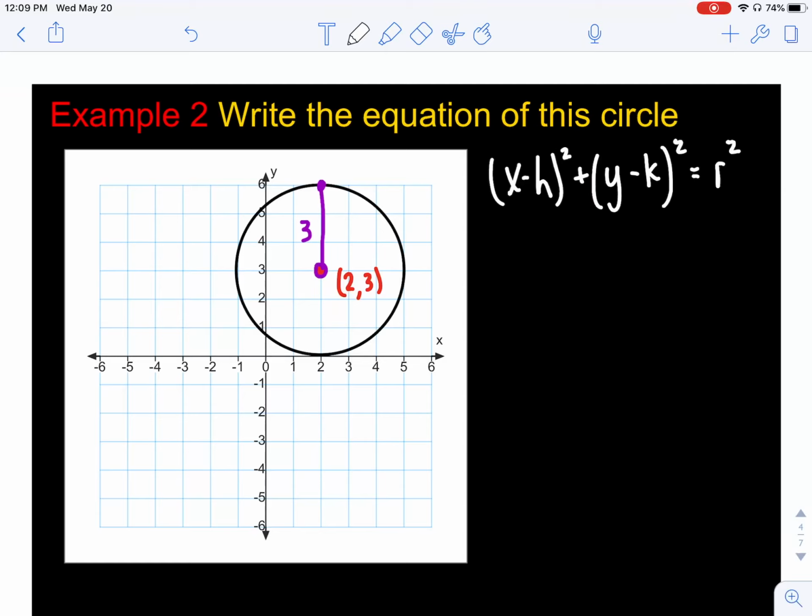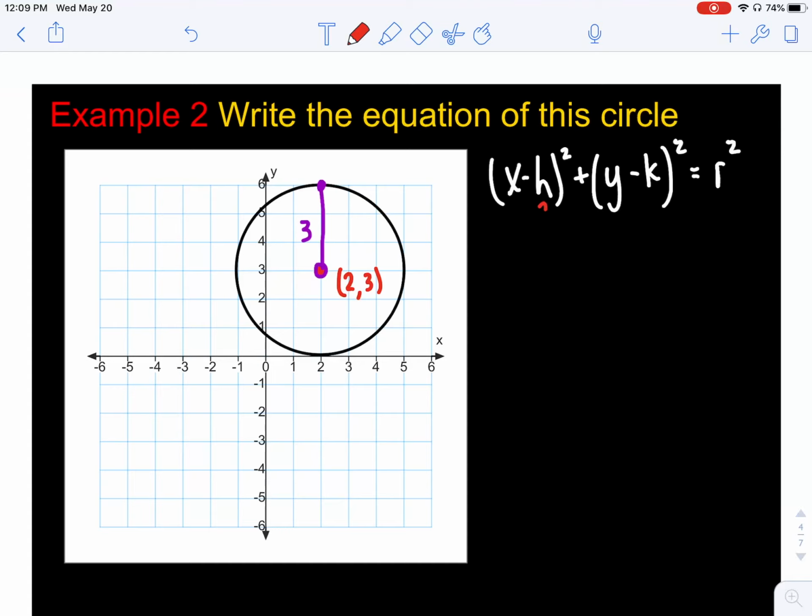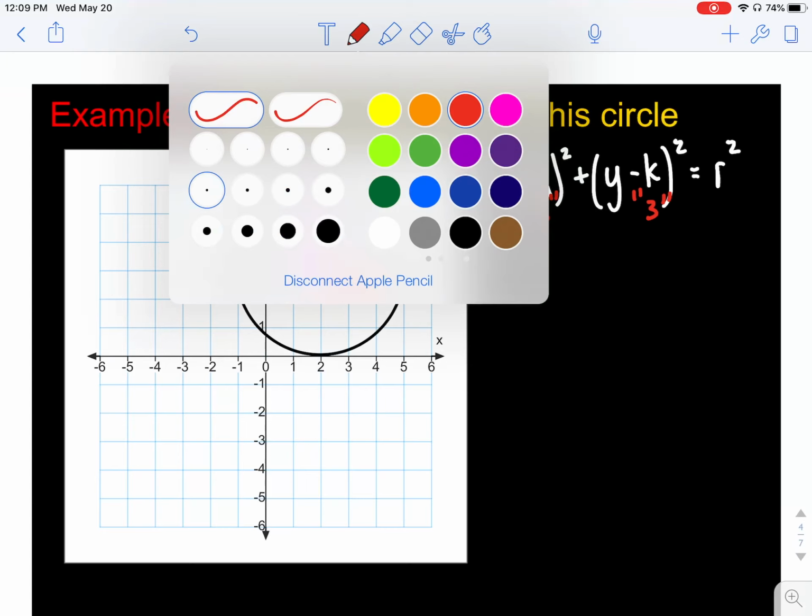The h and the k are the values of the center. So in this case, I have an h value of 2 and a k value of 3, and I put those in.